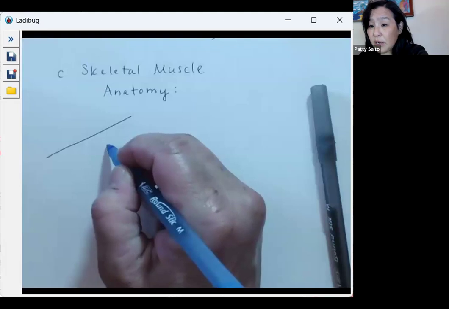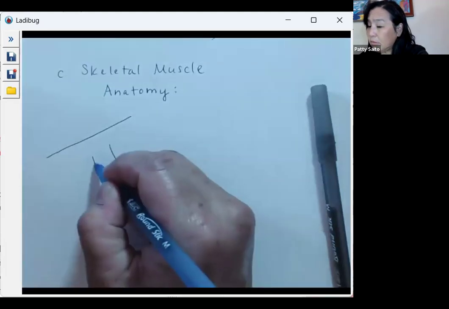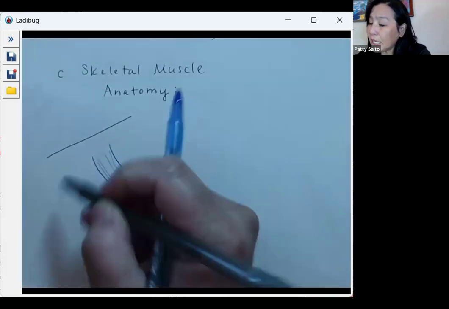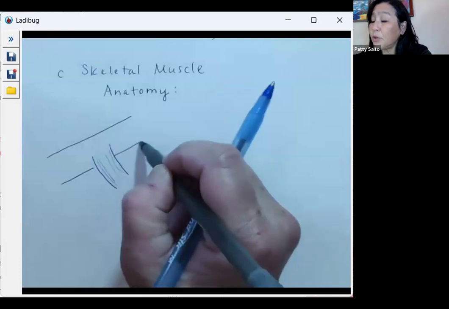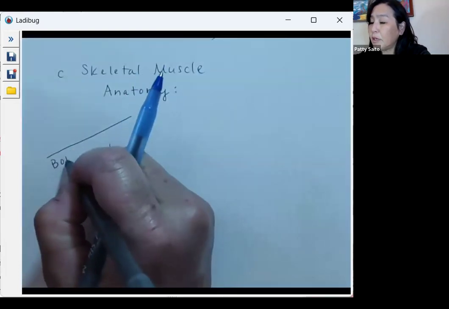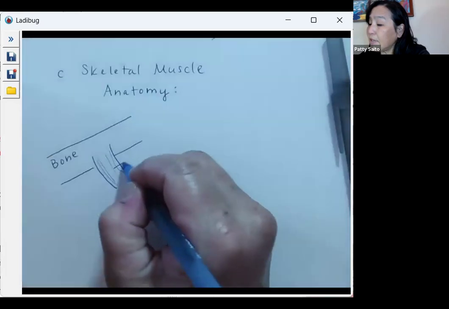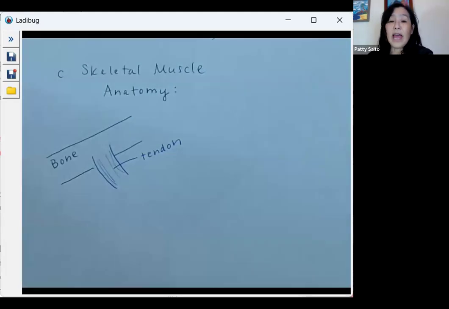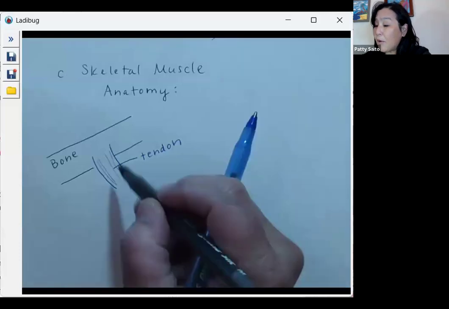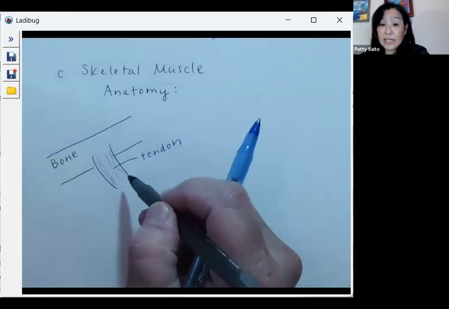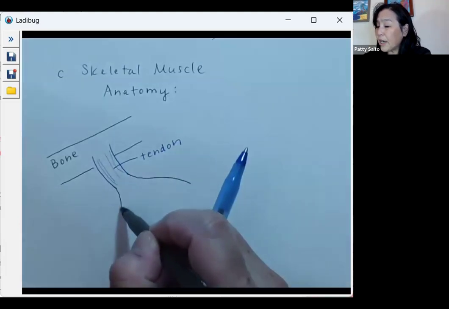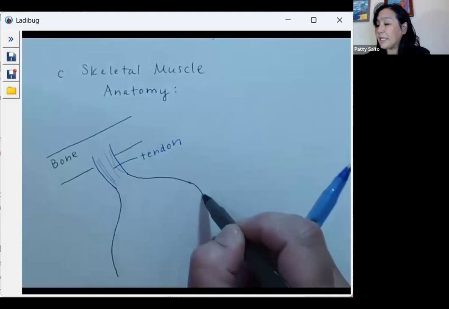So I'm going to draw the tendon. This is connective tissue attaching the muscle to the bone. So here's the bone, and then this is connective tissue called the tendon that connects the muscle to the bone. Now, because a tendon is connective tissue, it is continuous with the first covering called the epimysium.